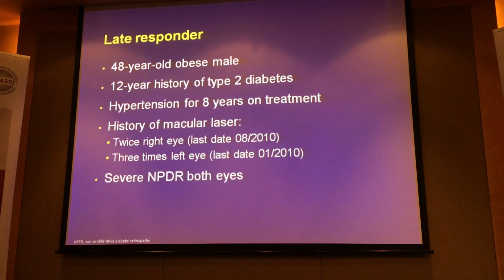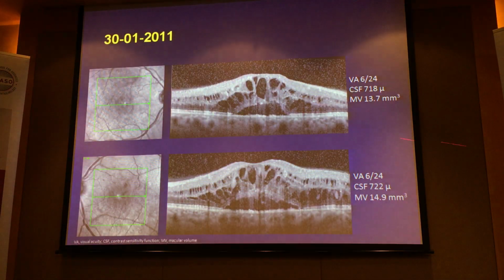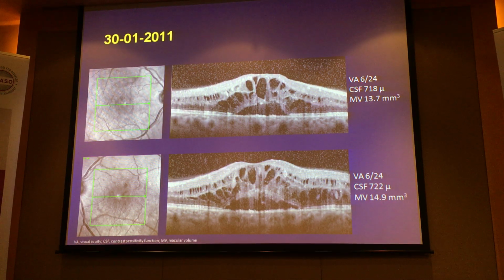Late responder, group 3. Right? Don't see any response in the first 6 months. This is a patient with quite long-standing history, very severe macular edema as well as subretinal fluid. Visual acuity is 6/24. Look at that central subfield, 718. And as you give, there is still no response. This is January, right eye, left eye.